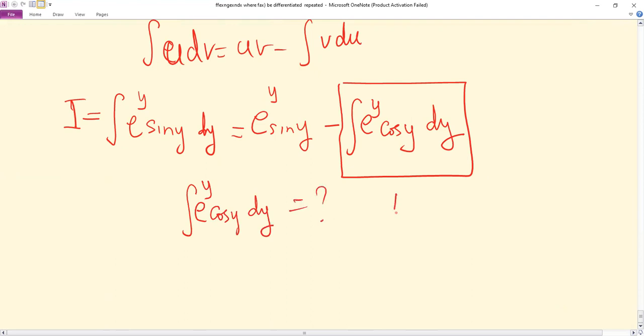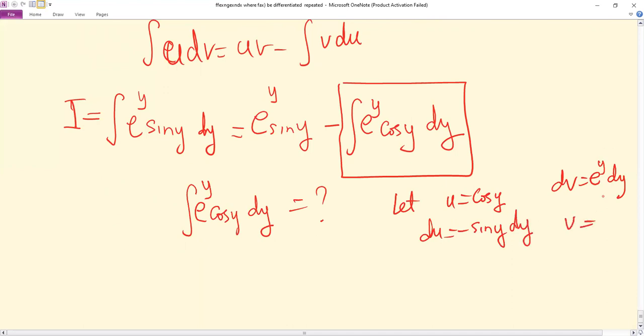equals to, so let u be cosine of y and dv be e raised power y dy. So du will be negative sine y dy, and v, integrating this, you get e raised power y. So integral of e raised power y cosine of y dy is uv. This by this will give us e raised power y cosine of y minus v du.